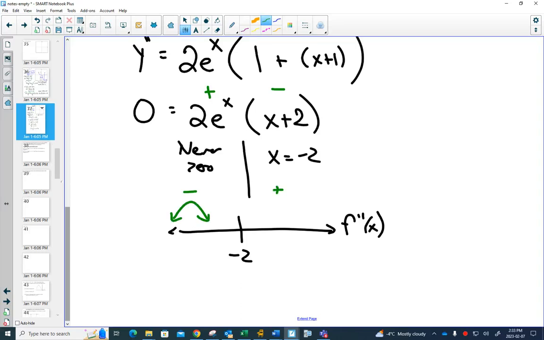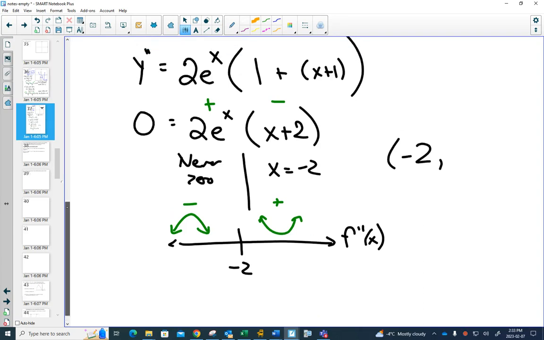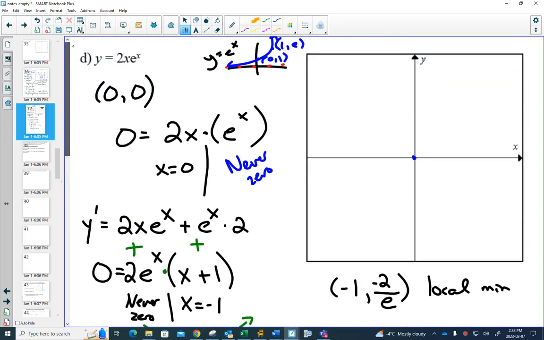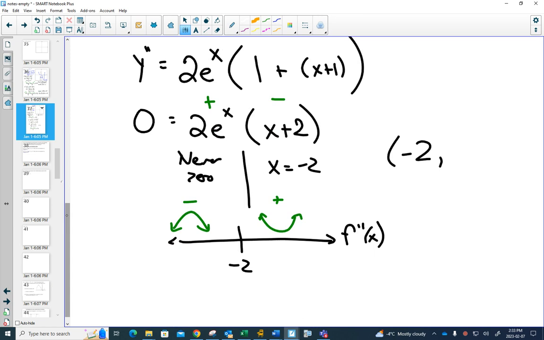And positive. Concave up. And at negative 2, if I want to find that coordinate, I've got to plug it into the original. The original equation will give me negative 4 e to the minus 2, which would be e squared on the bottom.